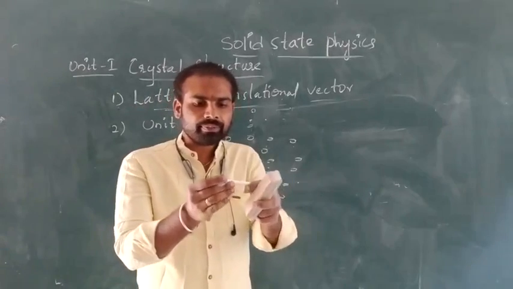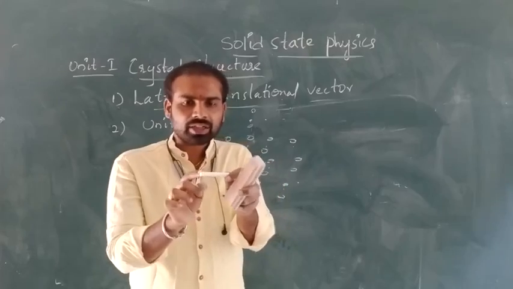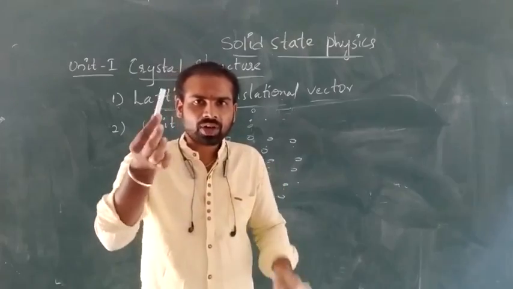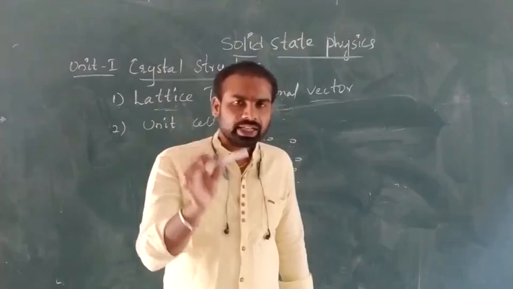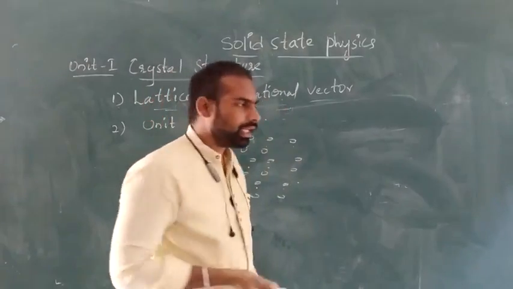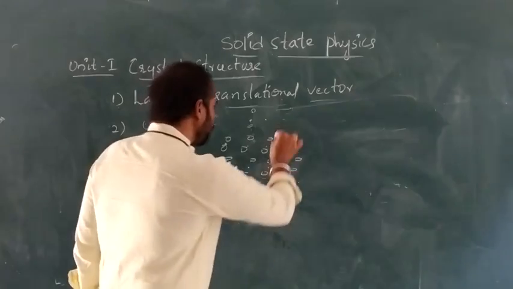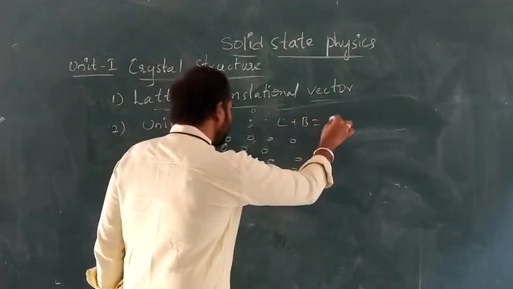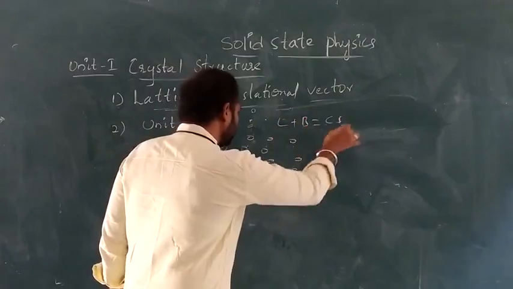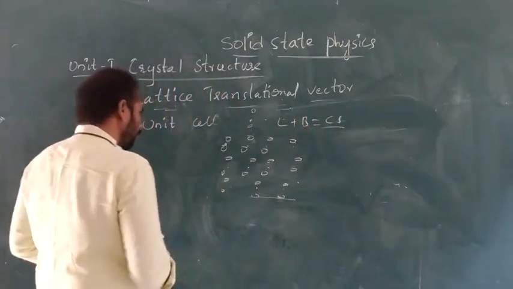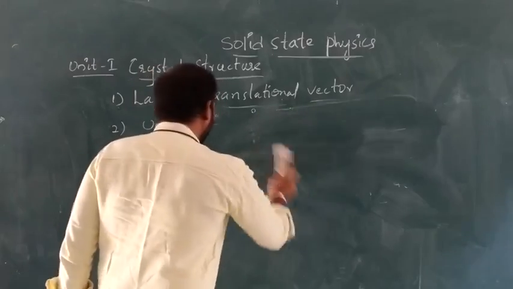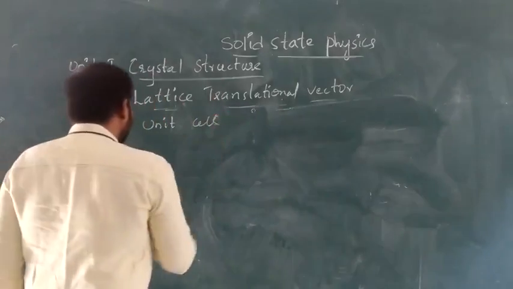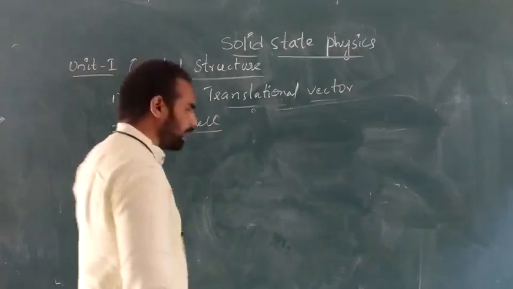If you arrange the same calcium carbonate molecules continuously, what will you get? A solid, a crystal, a chalk. Similarly, here also, lattice plus basis gives the crystal structure. Now, what is a unit cell? Let us discuss the unit cell.